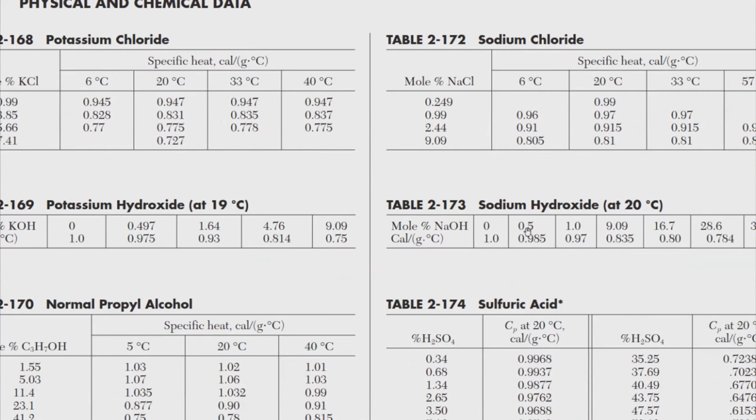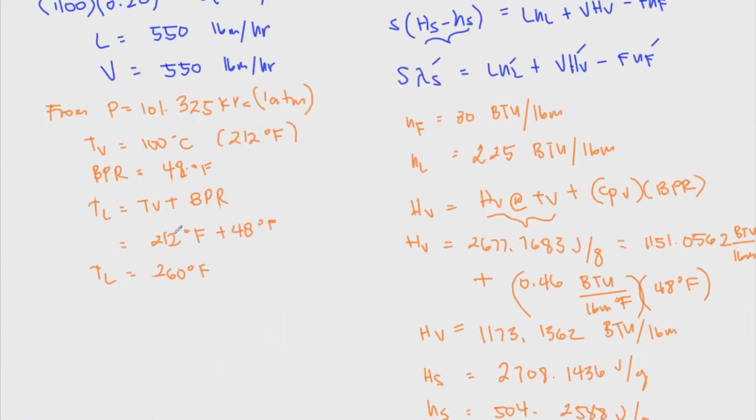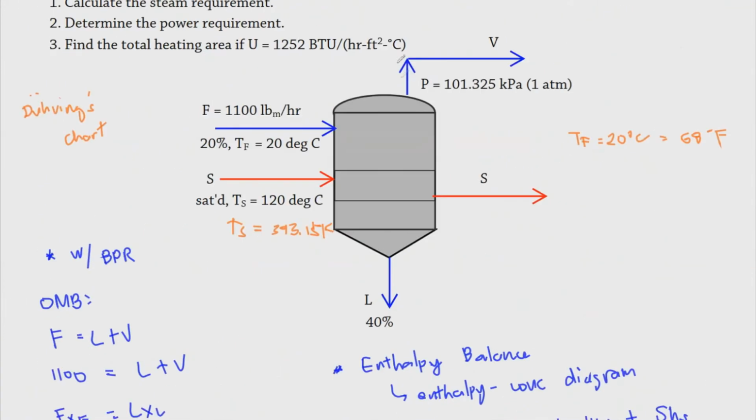So we have sodium hydroxide right here, and it says that we need the mole percent of the sodium hydroxide in order to evaluate it, and this is in calories per gram degree Celsius. Now, if it's mole percent, we know very well that X sub F on the feed, the mole fraction, is equal to 20 over 40, all over 20 over 40 plus 80 over 18.